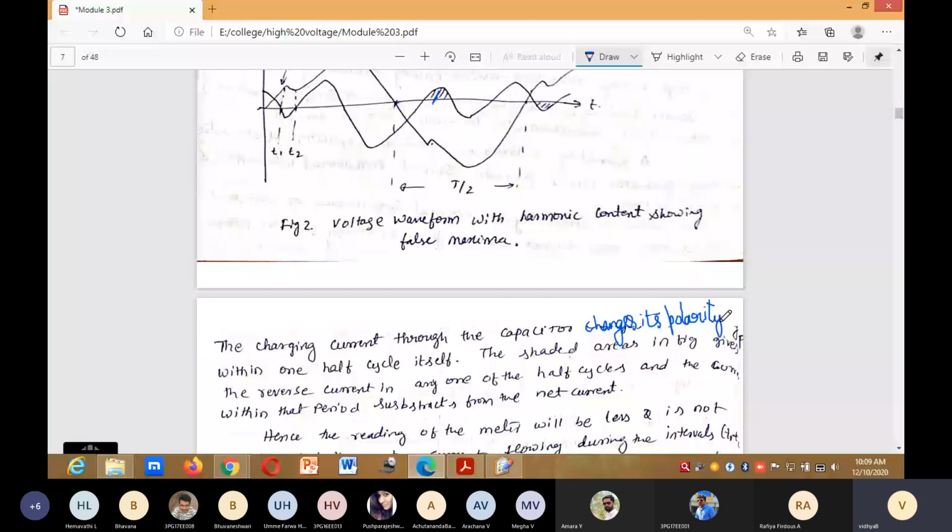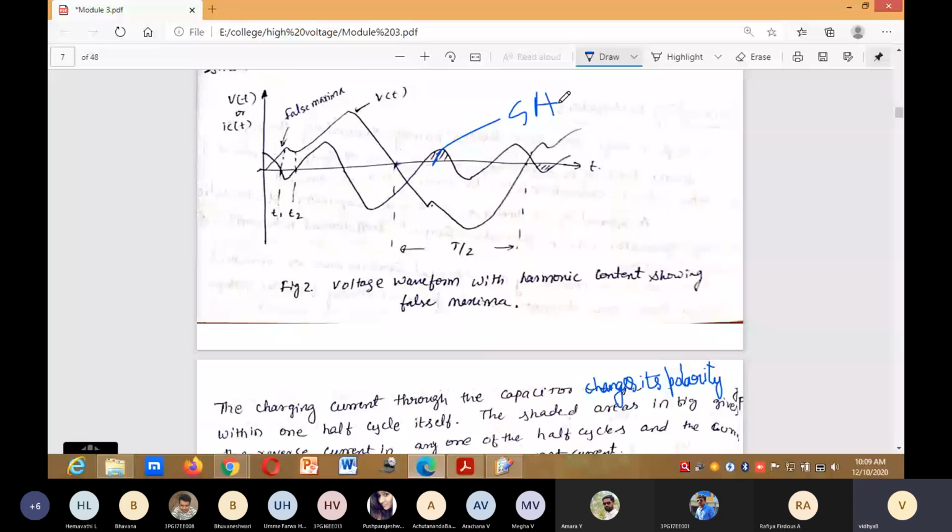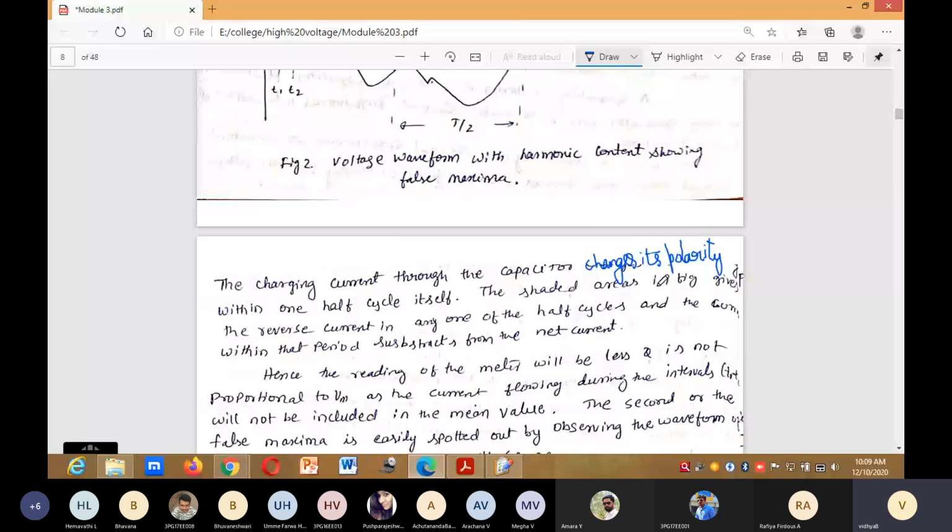The shaded area in this figure gives the reverse current in any one of the half cycles, and the current within that period is subtracted from the net current.